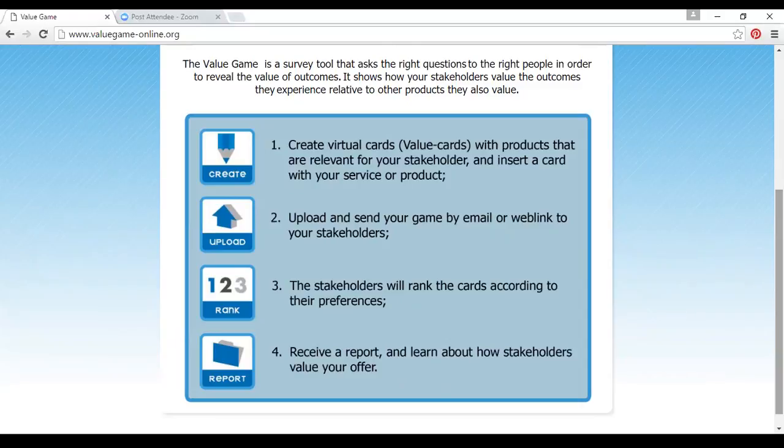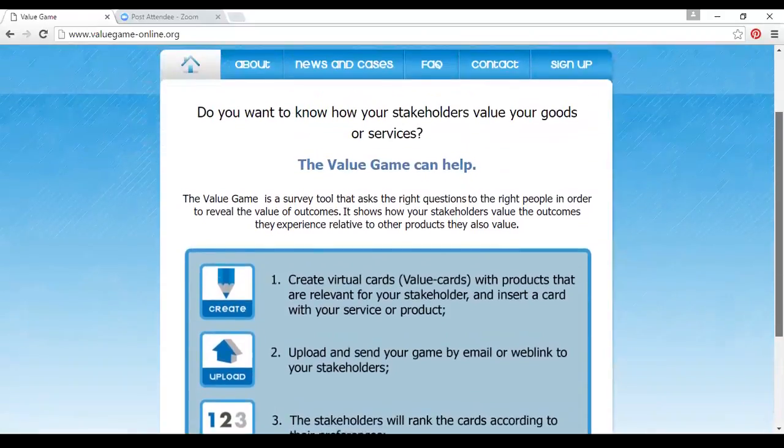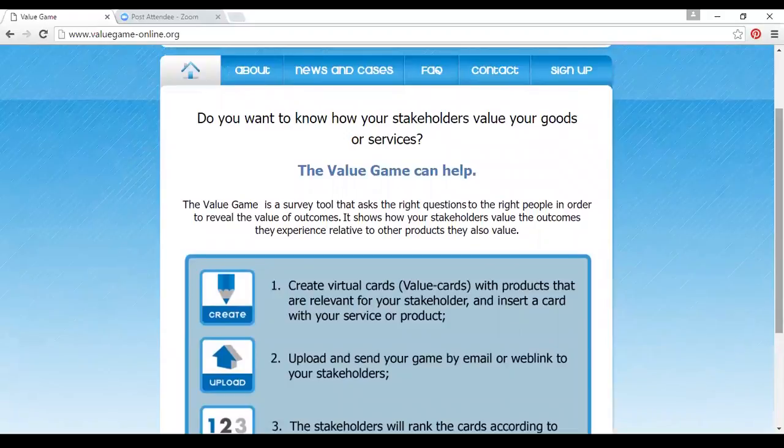What they've found when people use this value game is that the values tend to be higher than what you'd get where you've actually collected the figures and data on what the financial savings are.